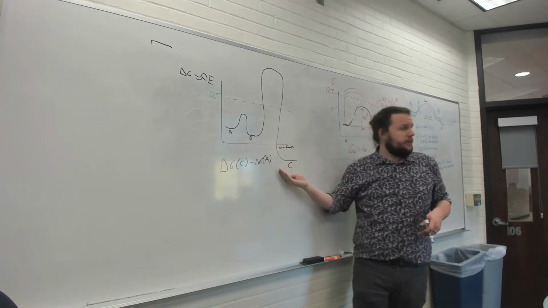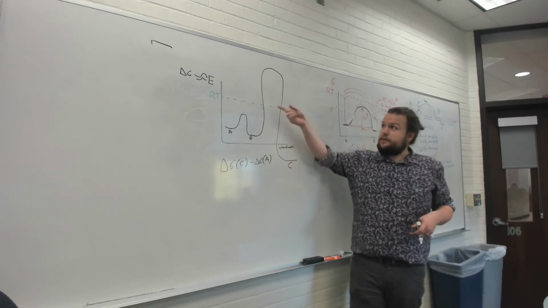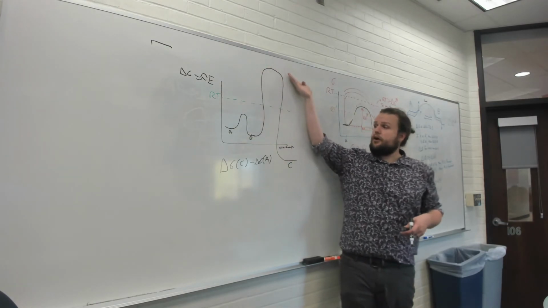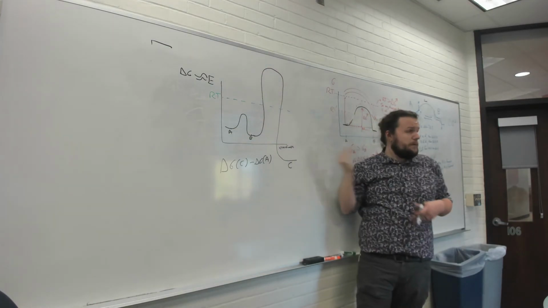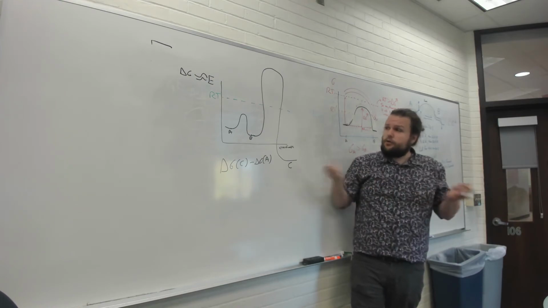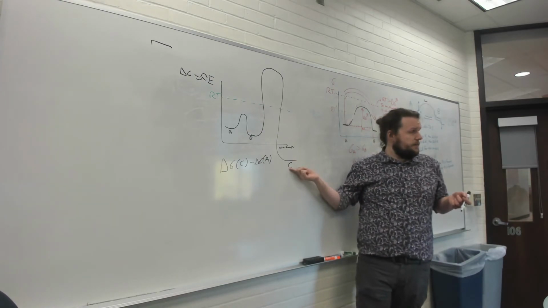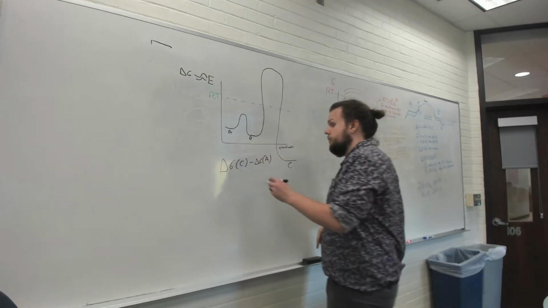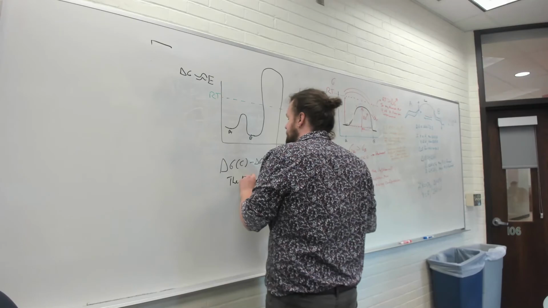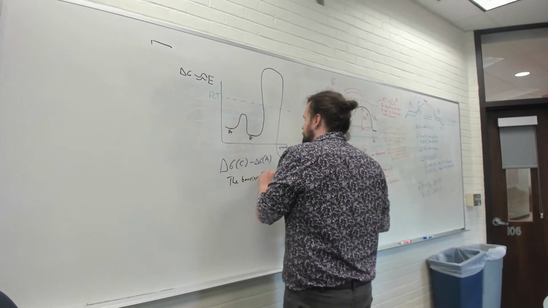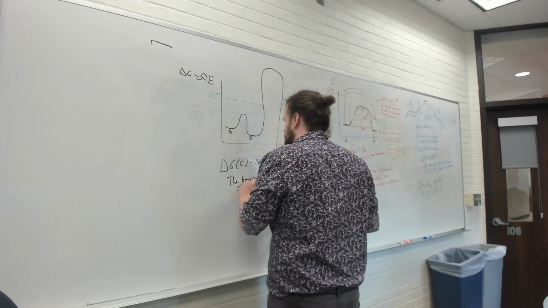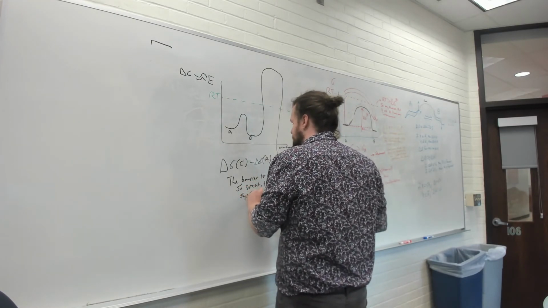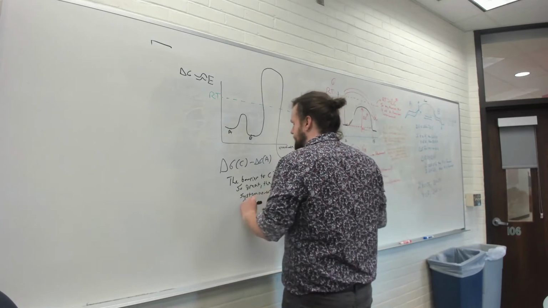You have a huge negative delta G here. But the fact of the matter is that the barrier, the amount of energy that you have to put into the system to overcome this transformation, maybe you have to break a bond or something, is so great that the system never equilibrates here. The system traps itself here. So the barrier to C is so great, the system never reaches it from A.